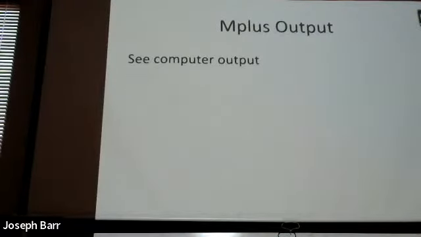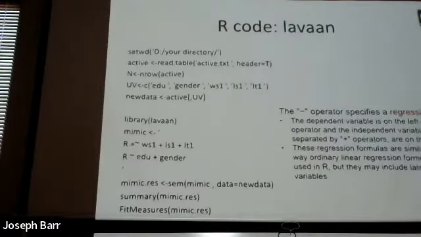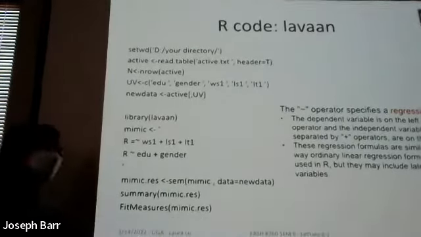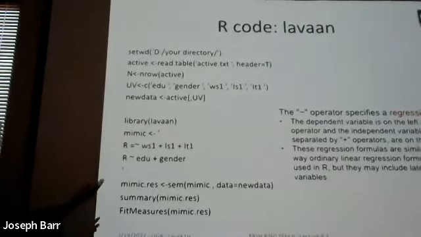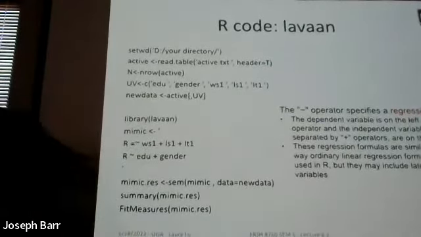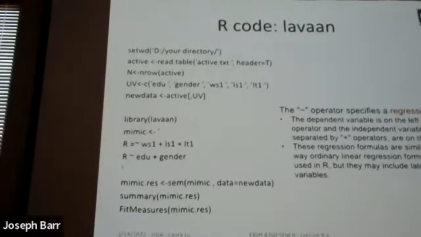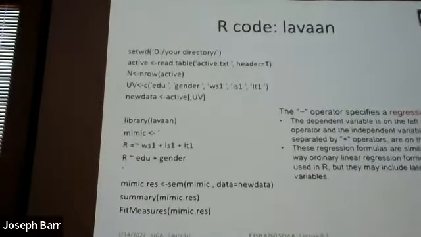That's the code. Okay, so you asked about R. Now let's try to use R. So any question about Mplus? Done? Okay, now let's look at R code. Suppose we use the lavaan package. And this is the code. Okay, so we have the working directory. We call the data.